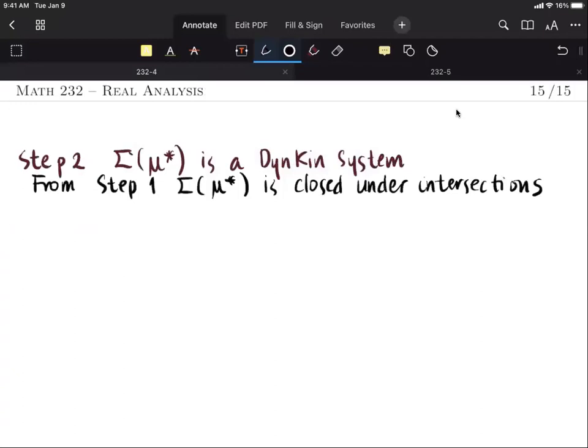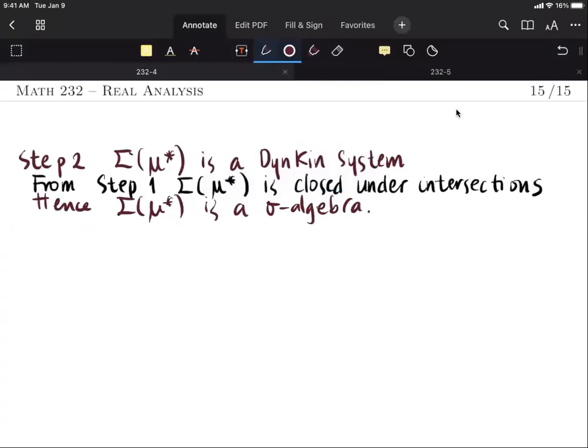And in this case, this would imply that if sigma of mu star is a Dynkin system, hence sigma of mu star is a sigma algebra.